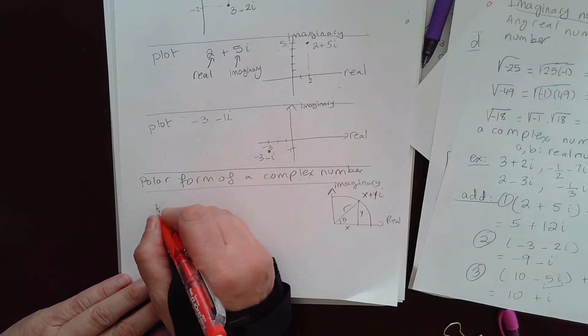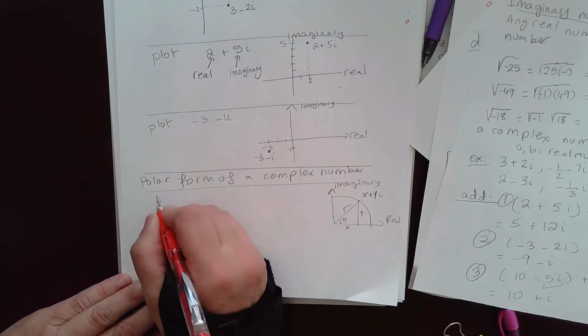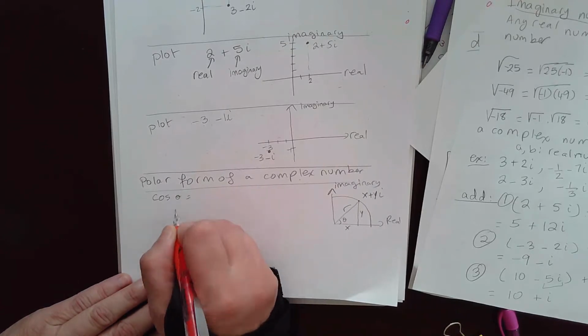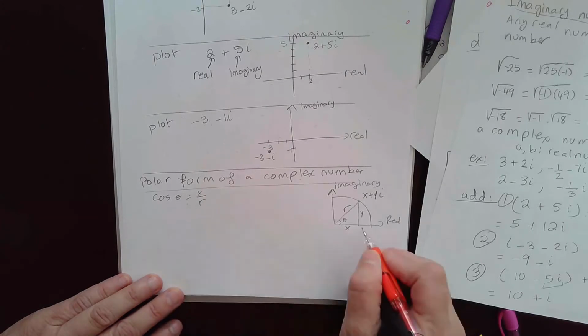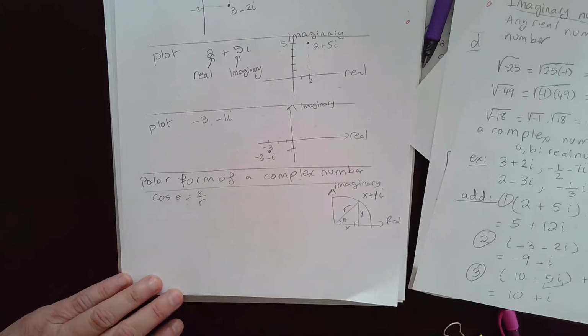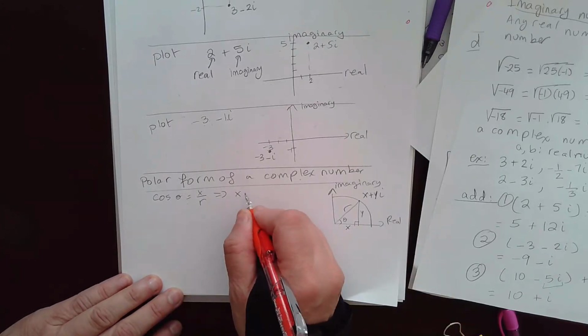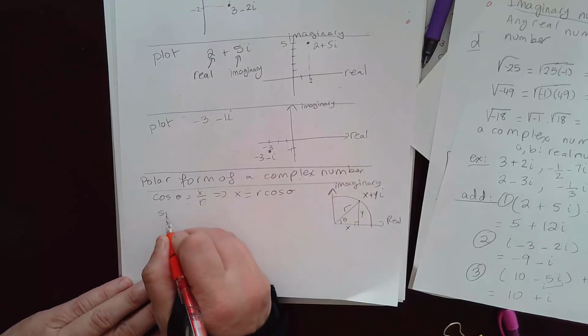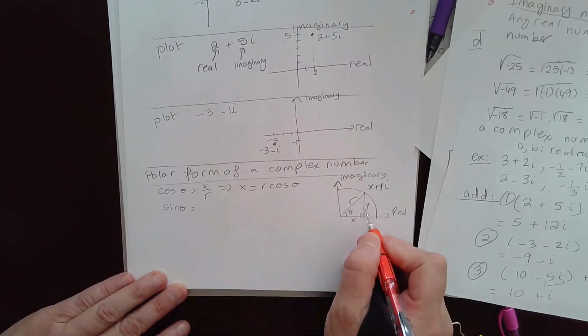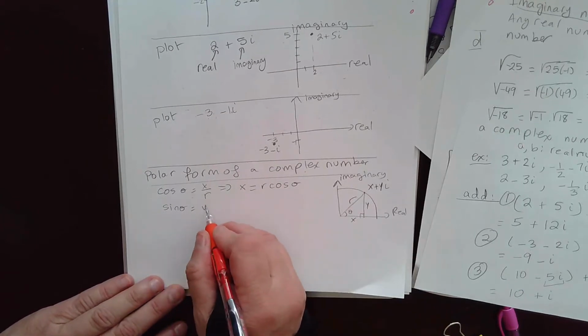What do you have? Let me remind you what is cosine theta. Cosine theta is adjacent, x over hypotenuse, which is r. Remember, this is a 90-degree angle. So that means x is equal to r cosine theta. And sine theta is opposite over hypotenuse, so y over r.